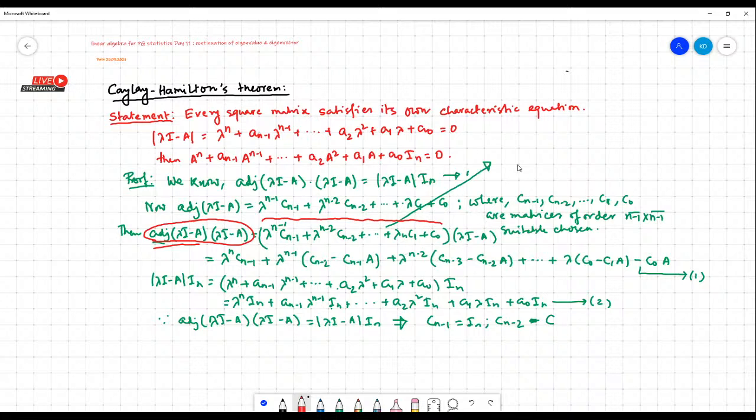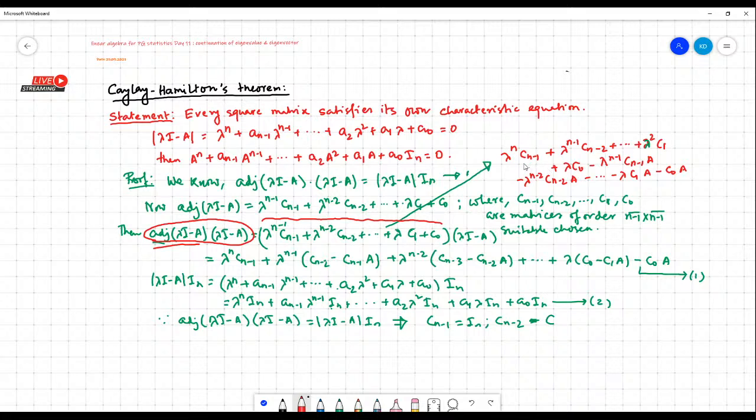You multiply this, then you get Cn minus 1 lambda n, Cn minus 2 lambda n minus 1, down to lambda squared C1 plus lambda C0, minus lambda n minus 1 Cn minus 1 a, minus lambda n minus 2 Cn minus 2 a, minus lambda C1 a, minus C0 a.